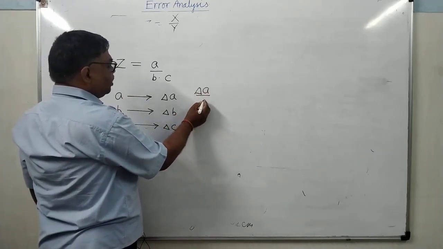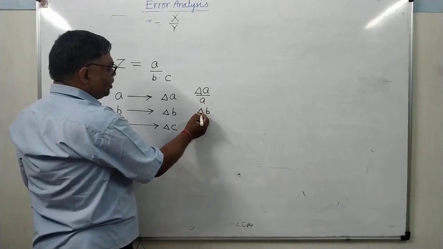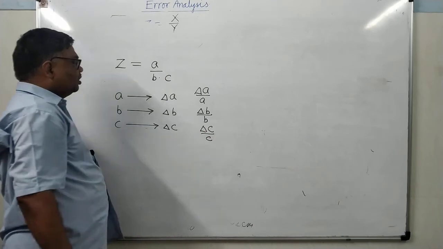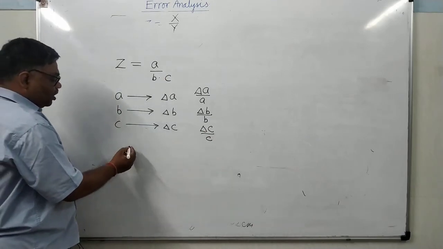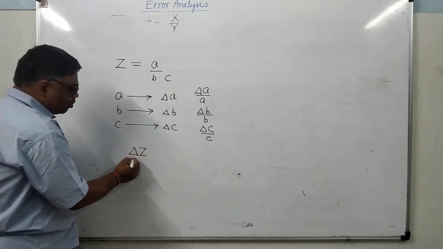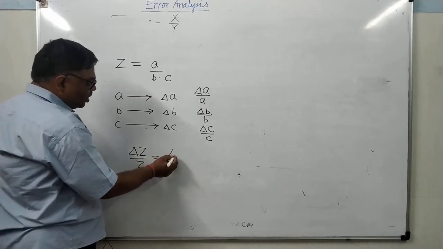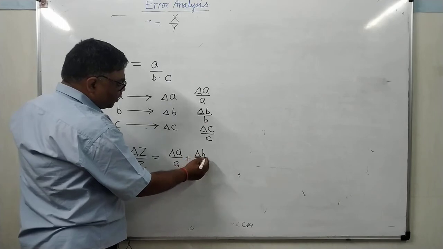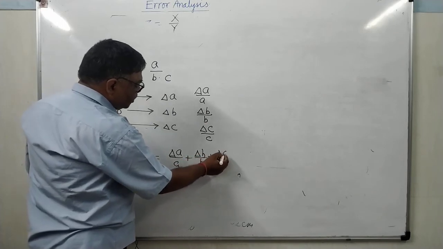Delta A upon A. In B, delta B upon B. In C, it is delta C upon C. So what is the relative error in the Z? It will be equal to delta A upon A plus delta B upon B plus delta C upon C.